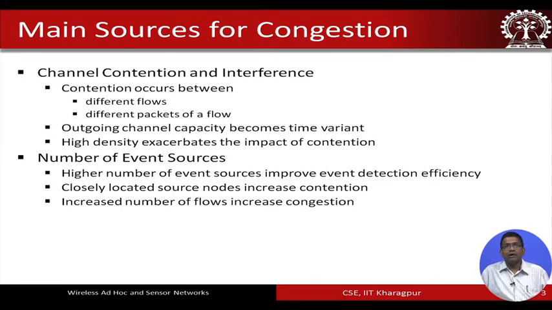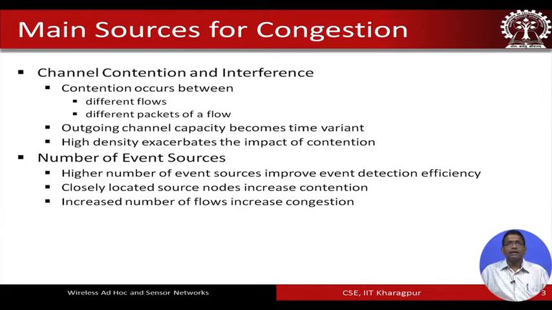Second thing is outgoing channel capacity, which becomes time variant, and this is another source of congestion in sensor networks. Then high density of sensor networks, with different nodes placed too closely with one another, also has an indirect effect on the contention to the medium and consequently congestion.